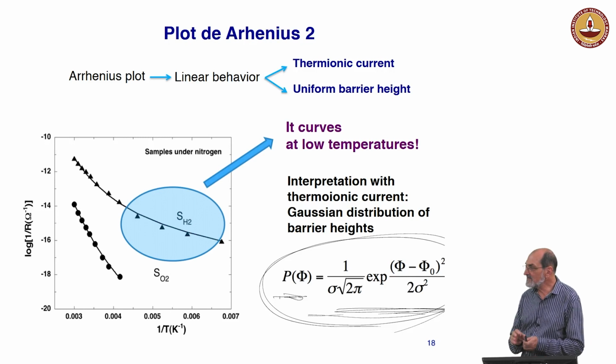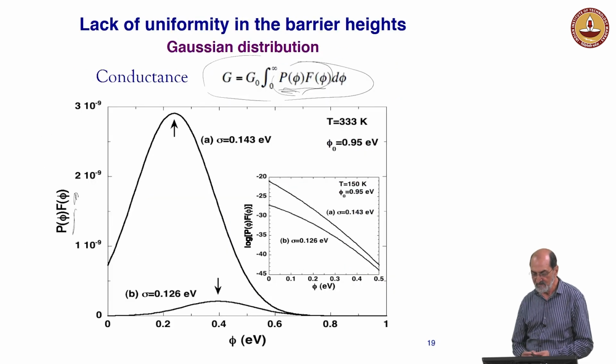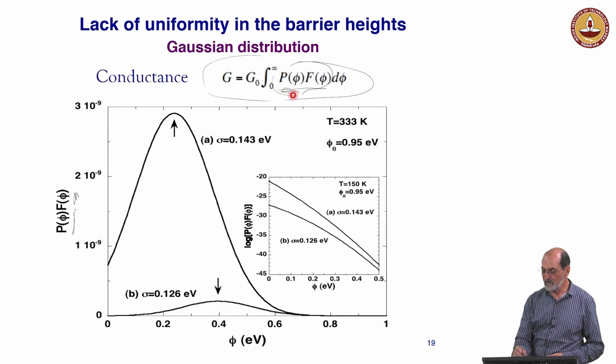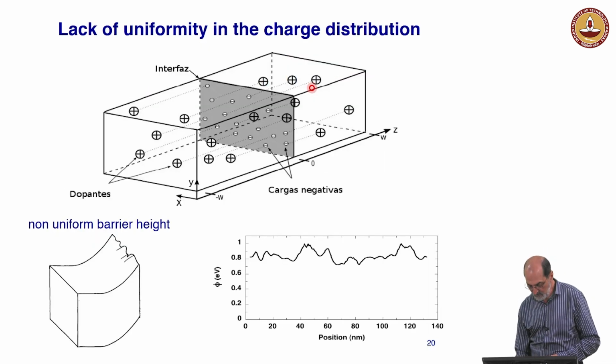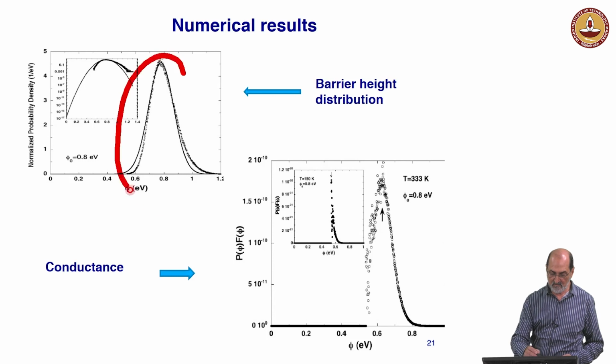But they did not analyze the details of that. And the detail is that the way you integrate, you don't have only the Gaussian distribution. You have the Fermi-Dirac distribution. Really, they are involved, and this product is what counts. Maybe things are not so bad if you see this. Look at the distribution here.